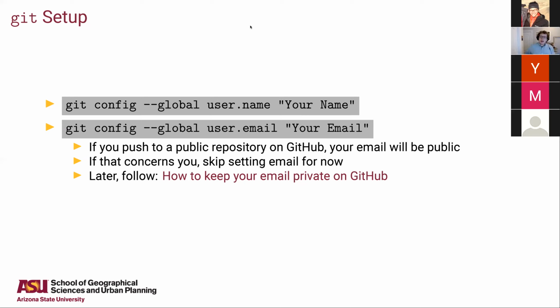can use. And the reason you want to put an email address in there is that's how the commits you make on your own computer get linked to your GitHub account, if you do push your commits up to GitHub.